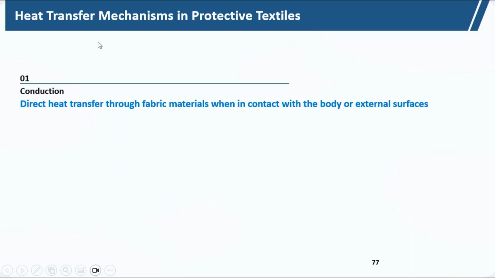Heat transmission in protective textiles follows 4 basic mechanisms. Conduction: direct heat transfer through the fabric material when in contact with the body, so fiber conductivity is important; heat is transmitted directly through the fiber or the fabric.